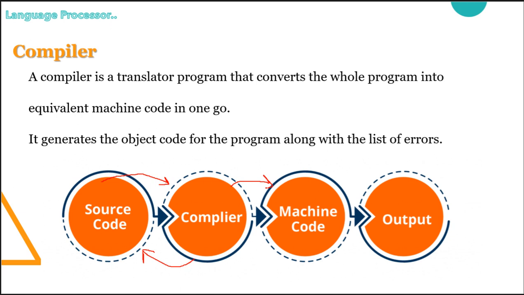Here, high level languages means languages like C++, Java, Python. These are examples of high level languages. So here we are done with the topic utility software and language processor.